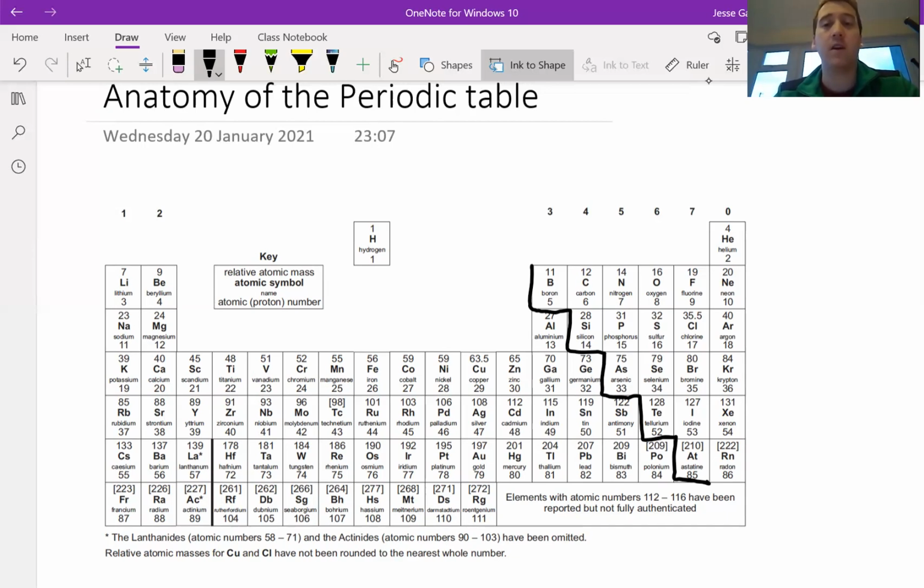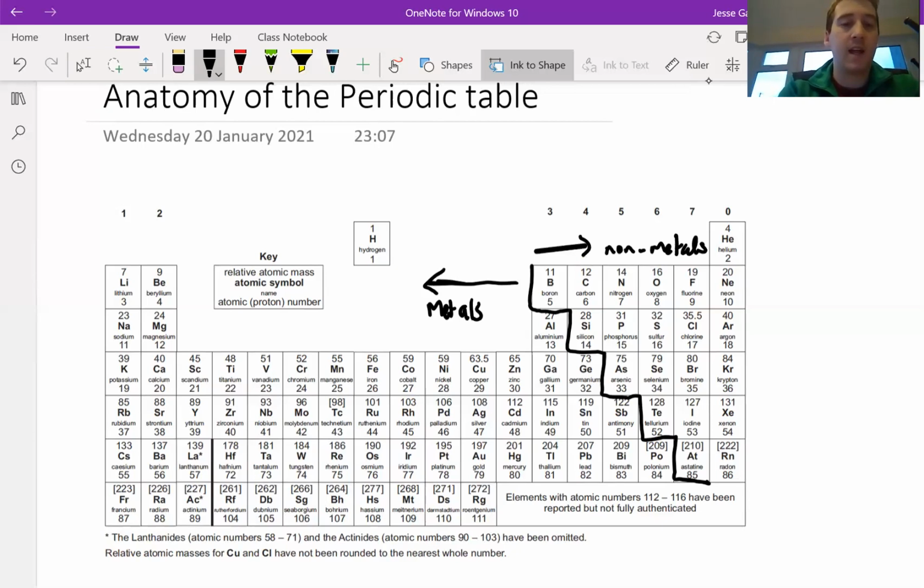Now tell me, what do we find on the left-hand side of this stairs? 1, 2, 3. You should have said that we find the metal elements on the left-hand side. So over here to the left of the stepped line, these are the metals. And on the right-hand side, we find the non-metals.